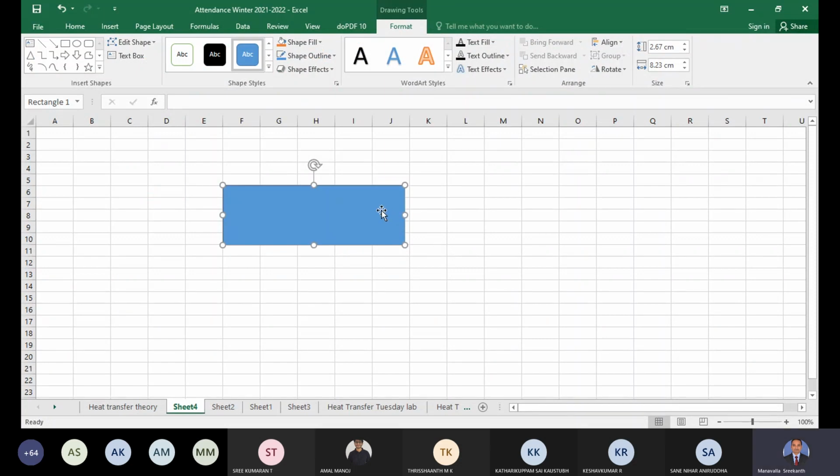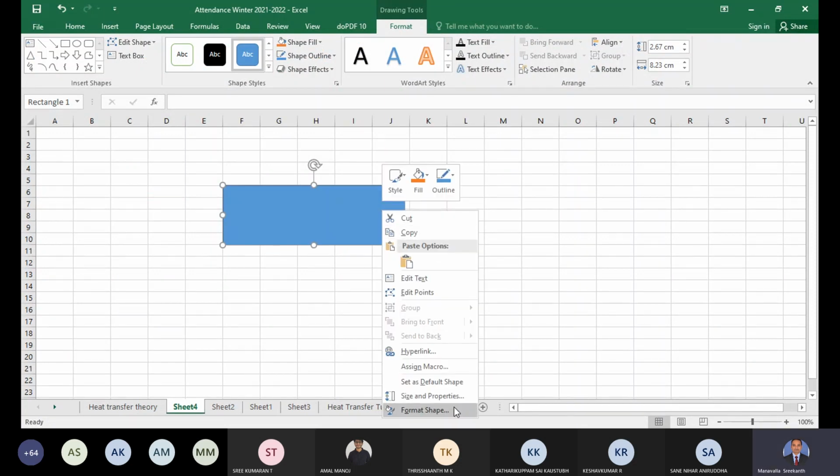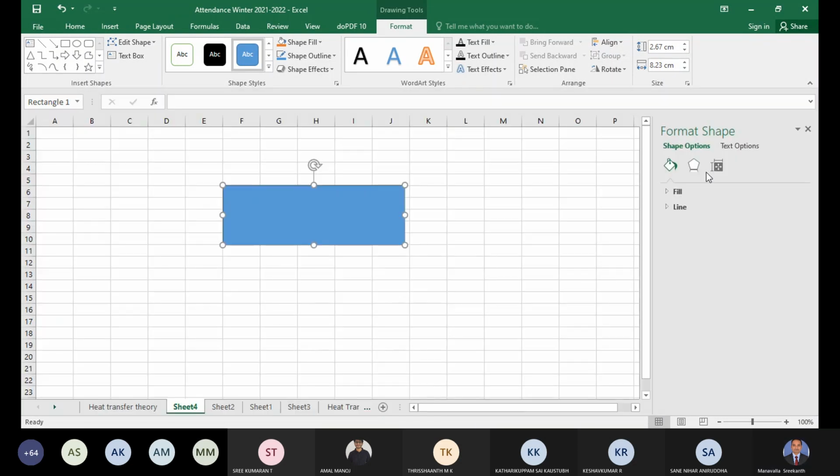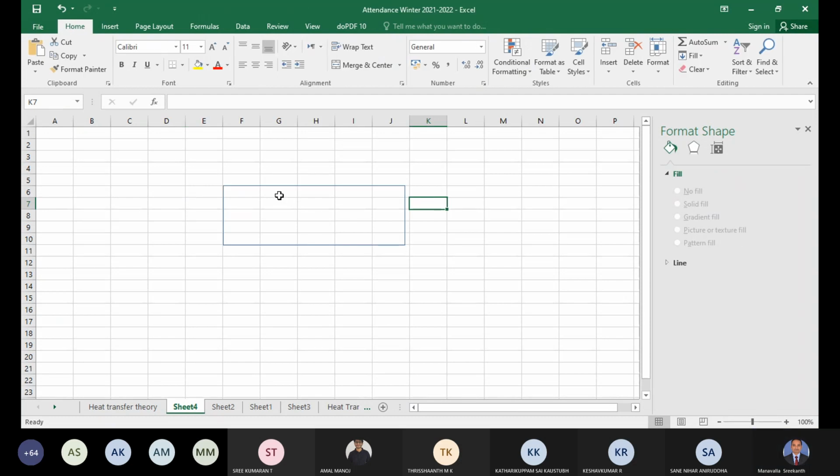Okay, now I'll make its background. Now what we are given is the surface temperatures in the problem. What we have is left side 75, right side 100.